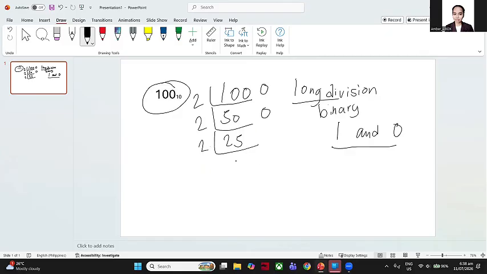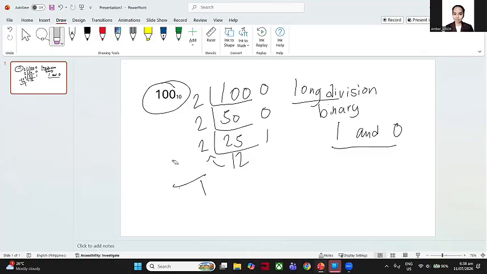Then 25 divided by 2 is 12. There's a remainder, because 12 times 2 is 24, so we have 1. You can also use the divisible format. 12 times 2 is 24, which is near to 25, so you minus 24 from 25, and 25 minus 24 is 1.